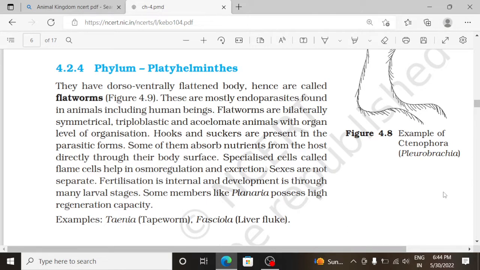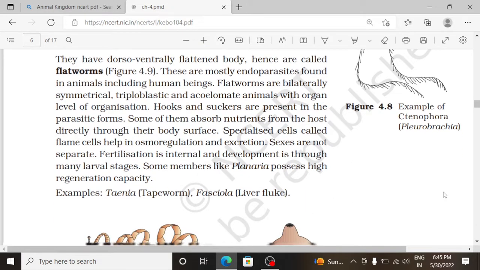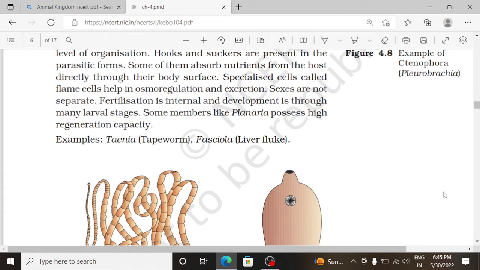Specialized cells called flame cells help in osmoregulation and excretion. Sexes are not separate. Fertilization is internal and development is through many larval stages. Some members like Planaria possess high regeneration capacity. Examples: Taenia, which is called a tapeworm, and Fasciola, that is liver fluke.